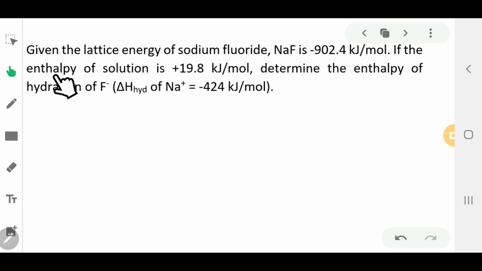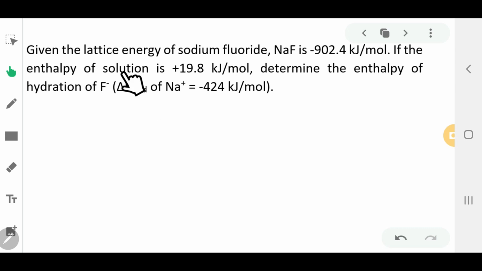And if the enthalpy of solution is plus 19.8 kilojoule, determine the enthalpy of hydration of F minus given the enthalpy of hydration of Na plus is negative 424 kilojoule per mole. You have quite a lot of information in a short question. And how are we going to do this?